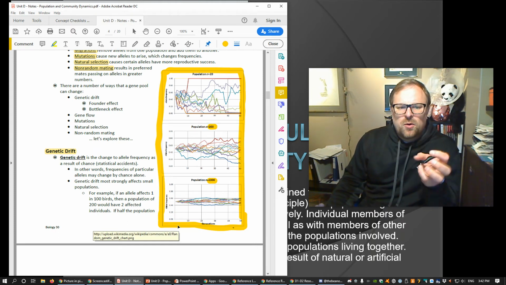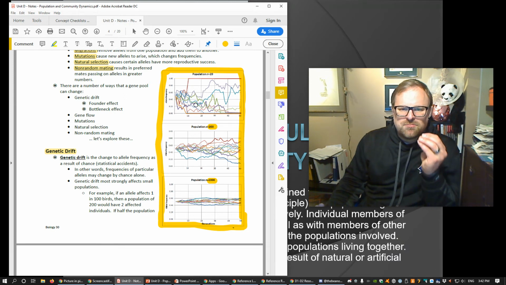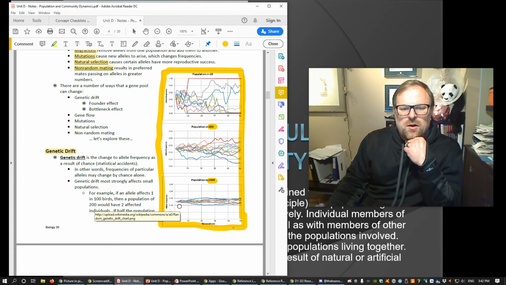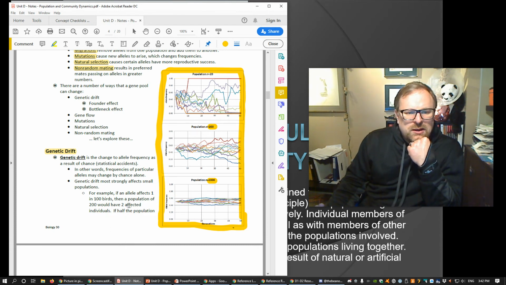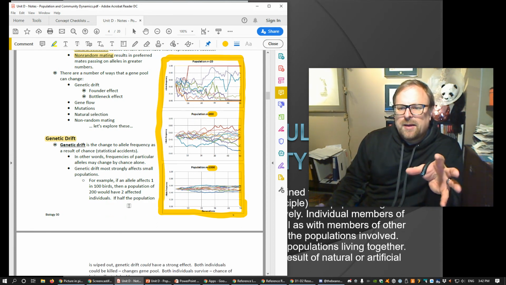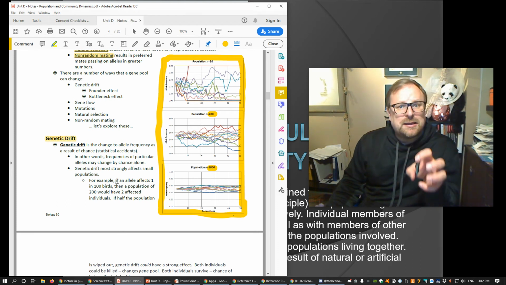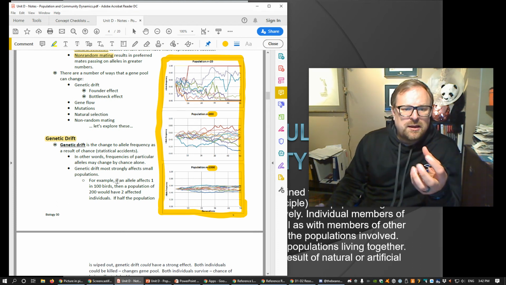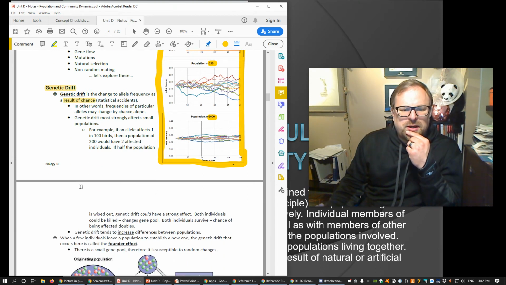Notice how genetic drift has its most impact on very small populations and minimal impact on large populations. This is just explaining what happens if something completely uncontrolled, completely by chance, affects a population. So it's a result of chance. That's what genetic drift is.